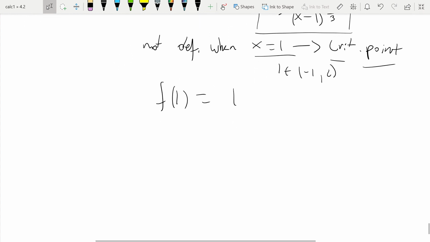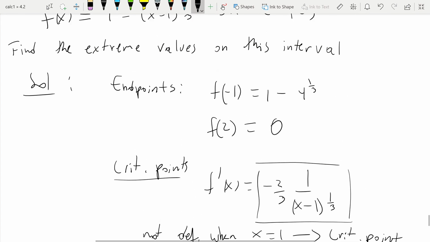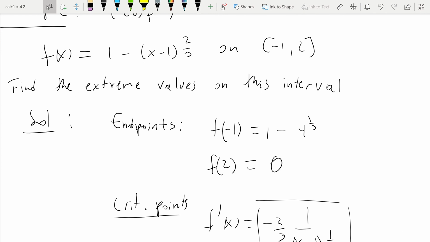So let's look again. Have everything here. f at -1 is 1 minus, yeah, so here I actually made a mistake. I had minus 2 to the 2/3. Oh no, that's okay. So it says minus 2 squared, which is 4.